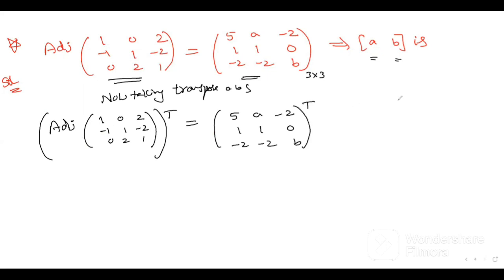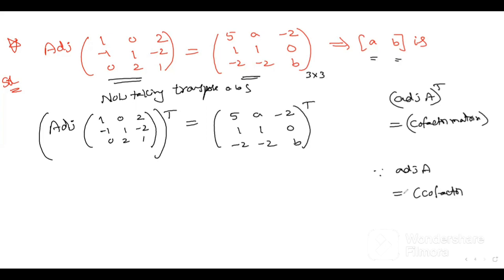So adjoint of A whole transpose is equal to what? What is adjoint of A? Adjoint of A is nothing but the transpose of the cofactor matrix. Adjoint of A is equal to the cofactor matrix whole transpose.